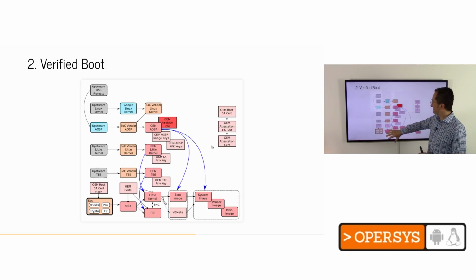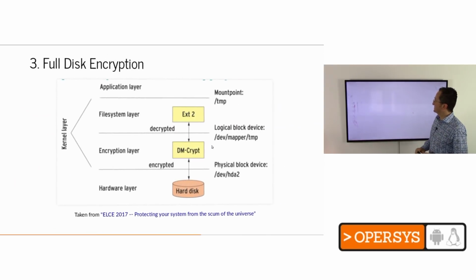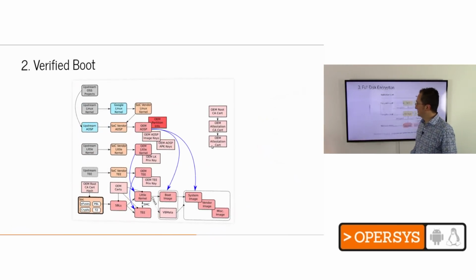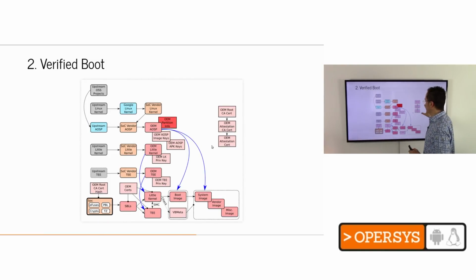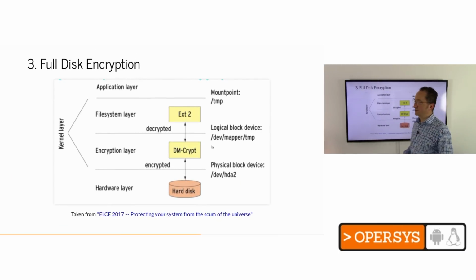All right. So this is my verified boot process and how Linux comes into the picture. Here, it's going to use the dm-verity that I'm going to show you later on, to enforce the security of the system image and any other kind of image like that. Okay, full disk encryption. If I'm using full disk encryption, which is the older way of doing things in Android, we're going to be using dm-crypt, which is part of device mapper functionality.